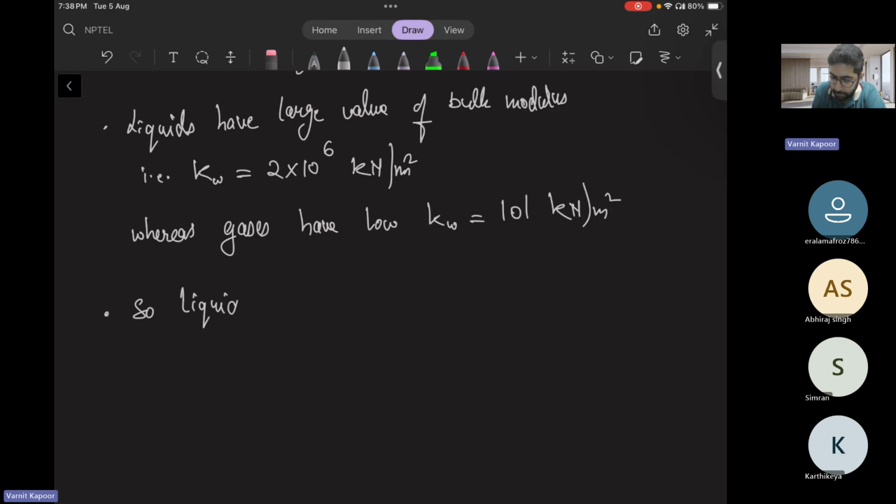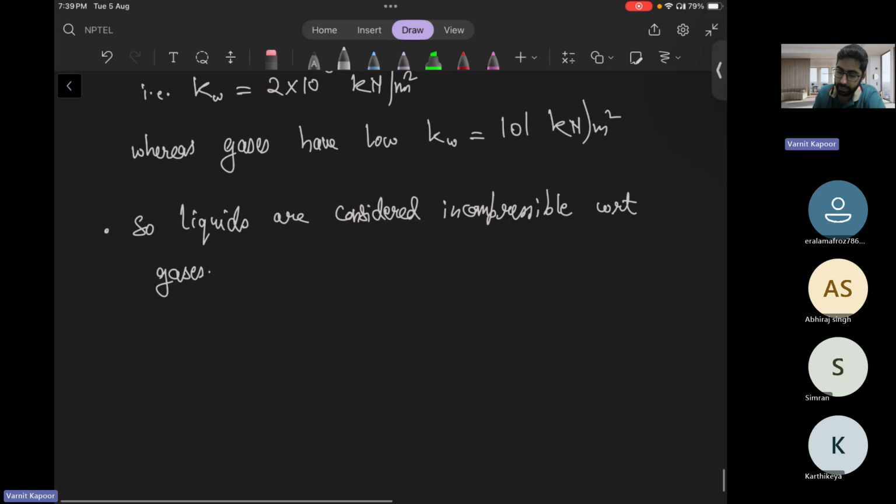So liquids are considered incompressible with respect to gases.